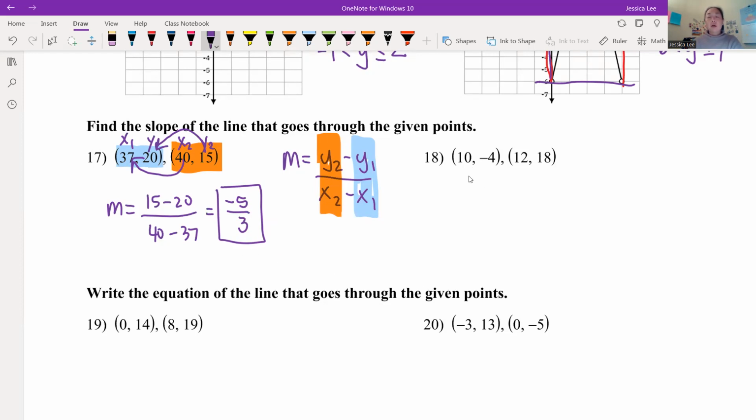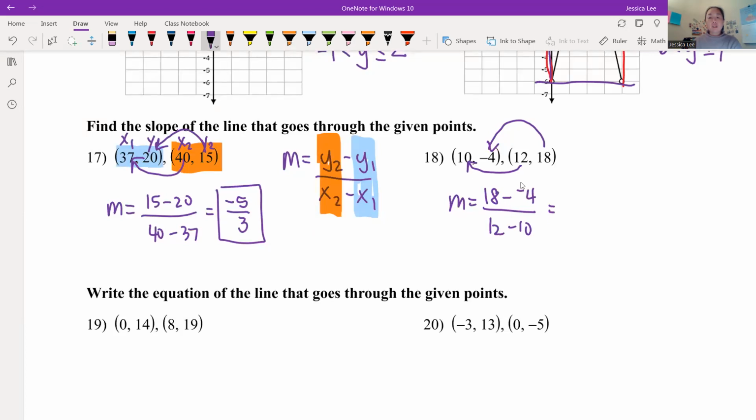Found the slope. We're going to do that again here. So we got our y2 is over here, so m is equal to y2 minus y1, so it's going to be 18 minus negative 4 over x2 minus x1, so 12 minus 10.